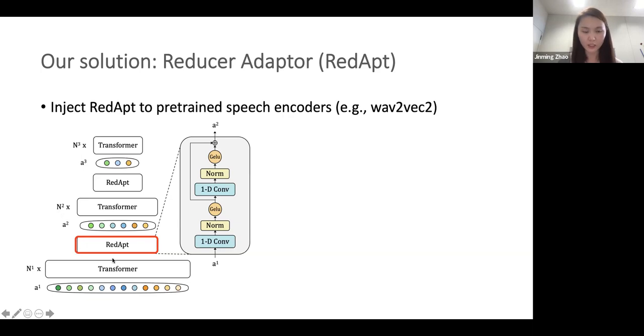Showing in this figure, we can inject one RedApt layer after, for example, the first transformer layer. We could also inject this layer after the 10th transformer layer. And now this encoder has a hierarchical structure. The purpose is to reduce the length of a sequence while maintaining translation quality.